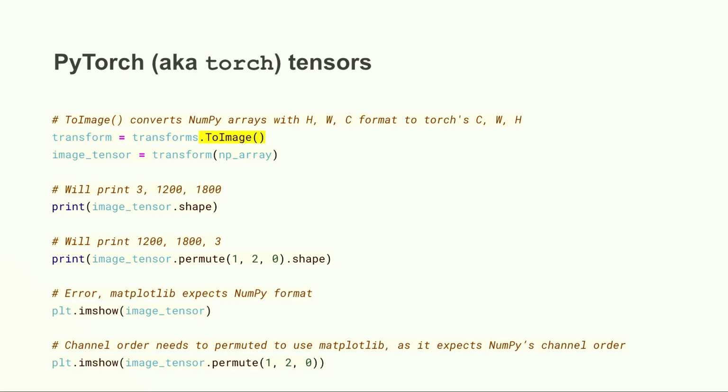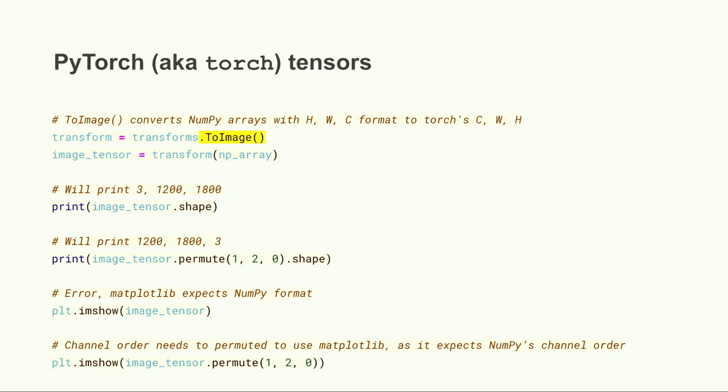So PyTorch tensors also have a different dimension order, which is CHW: channels, height, and width. This is different from the order that we have in NumPy, which is height, width, and then channels. The to_image function handles a conversion from NumPy's format to PyTorch format.